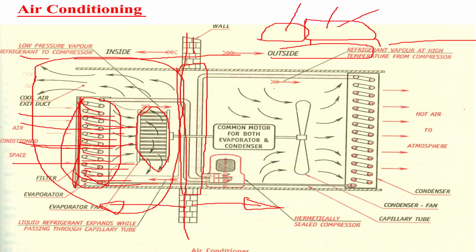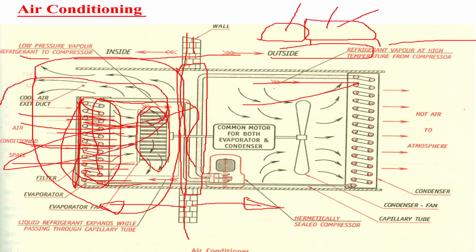It absorbs the heat from the air here. So air gets cooled down and the refrigerant gets vaporized and vapor comes out here. Then this air after cooling is again sent to the room, recirculated to the room.